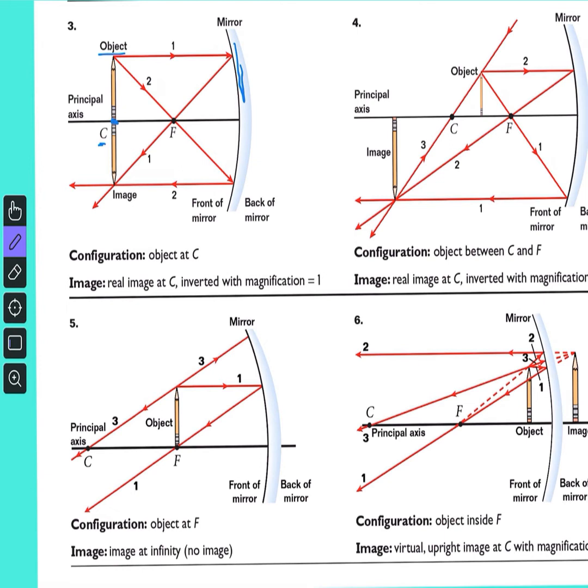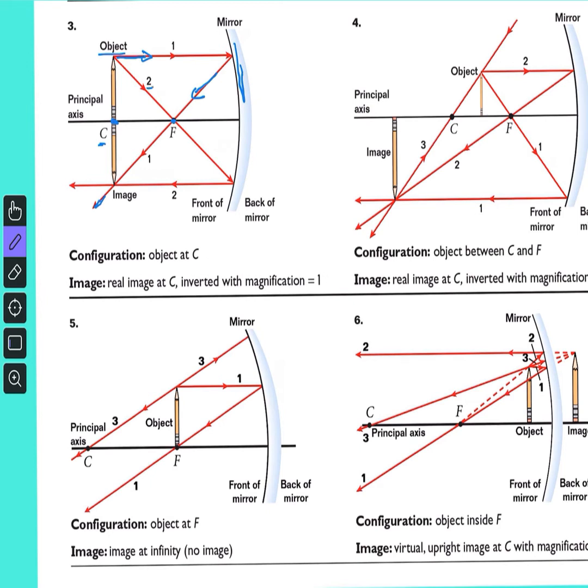Again, we will come back to the specific rays for the concave mirror. First one, if you remember, we said when the light comes straight to the mirror, it must reflect back through the focal point, right? Look, it reflects back through the focal point and goes away. That's the first one.